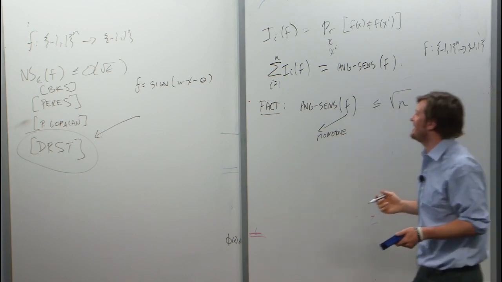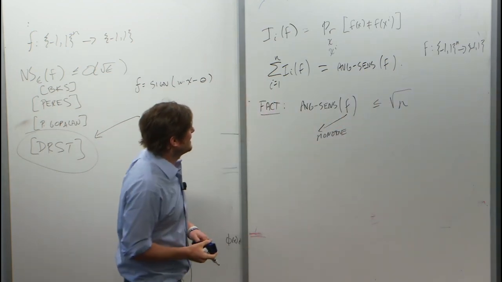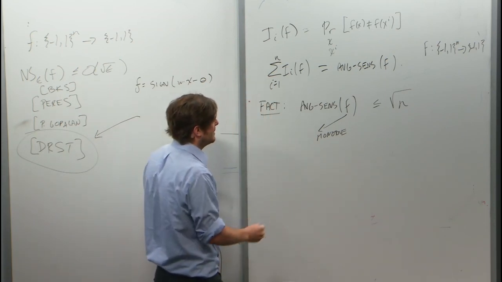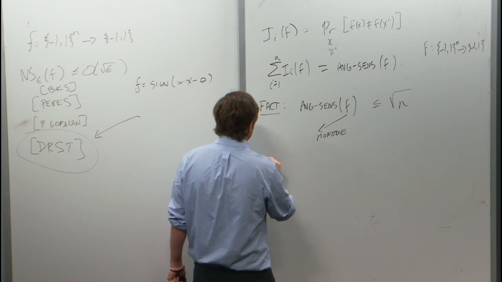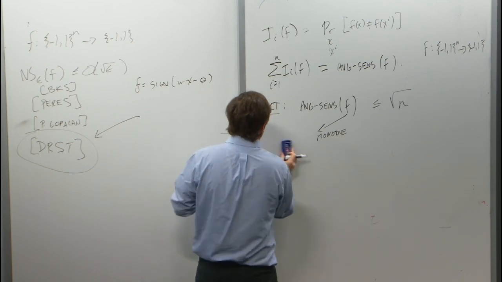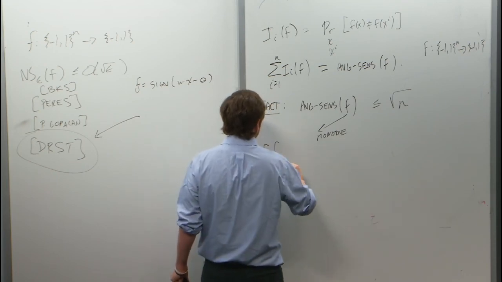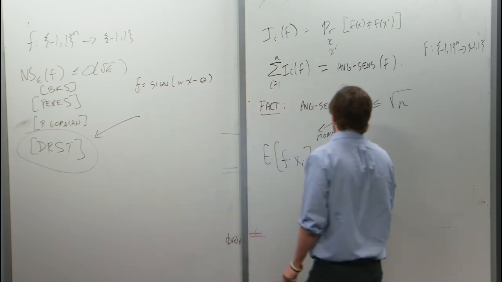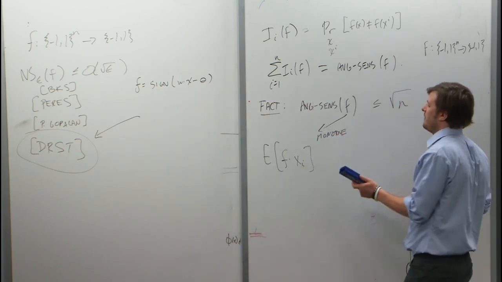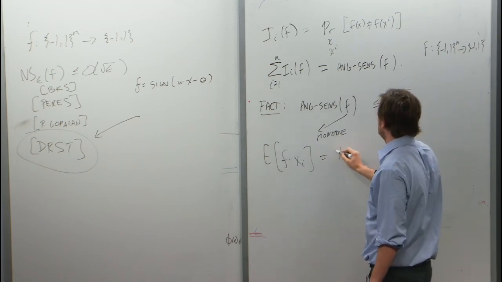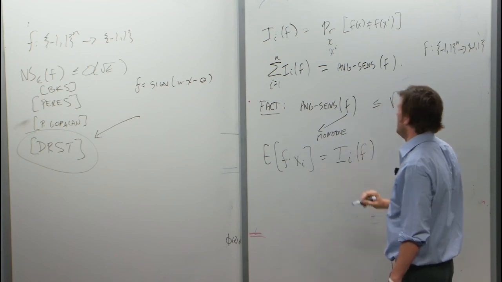I'll just say that if you haven't seen this before, if f is a monotone function, then the ith Fourier coefficient, the expectation of f times xi, is exactly equal to the ith influence of f.